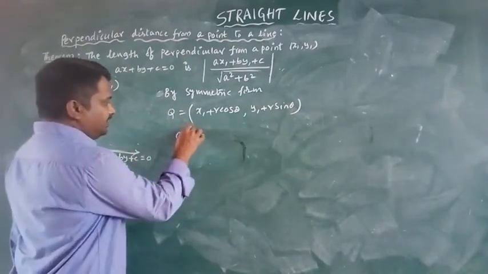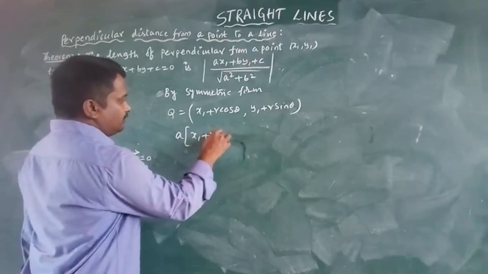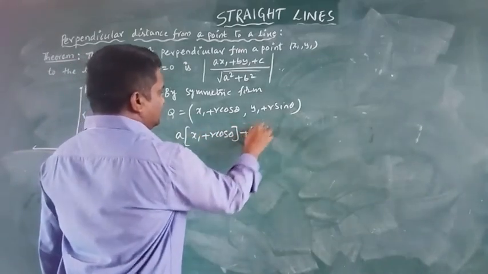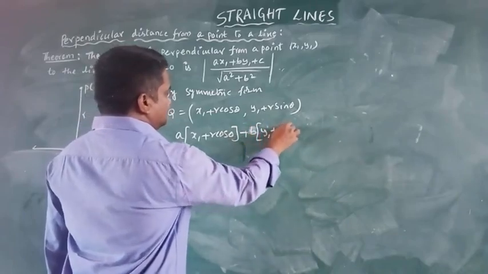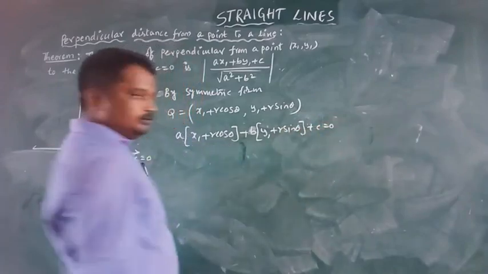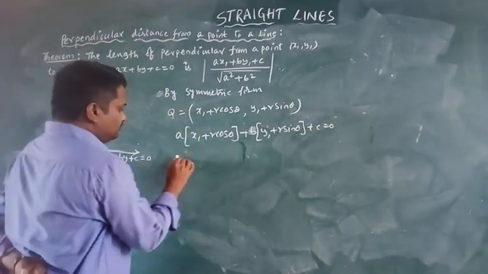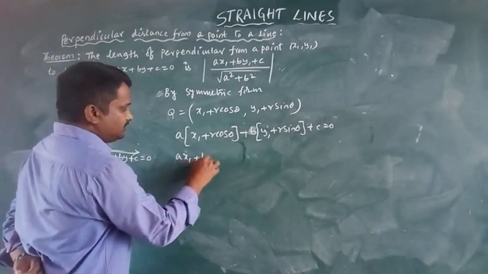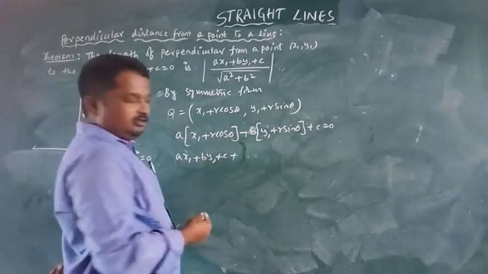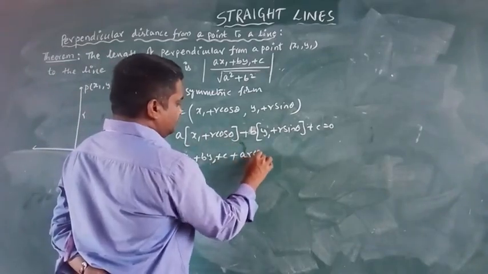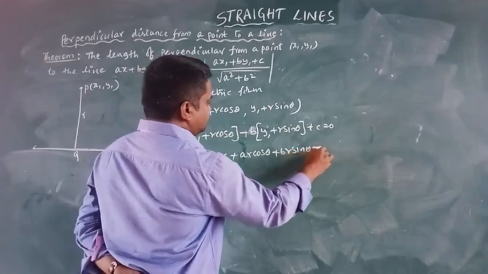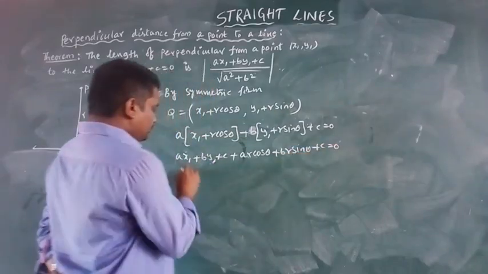So substitute there: a times (x1 + r cos theta) plus b times (y1 + r sin theta) plus c equals 0. Simplify: ax1 + by1 + c, now these cos and sin terms: ar cos theta + br sin theta, plus c equals 0.